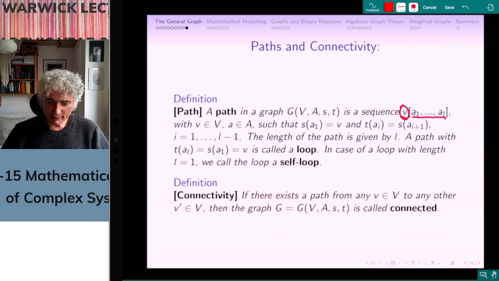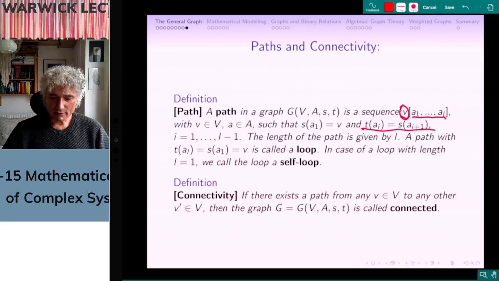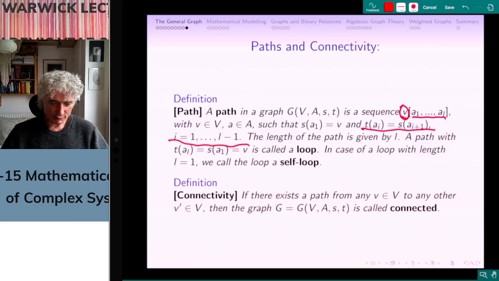And then you have sequentially the property that the target of the previous arrow Ai is exactly the source of the next arrow Ai+1. And this is of course for all indices going from 1 to n minus 1. So we call the path length L. That makes obviously sense.